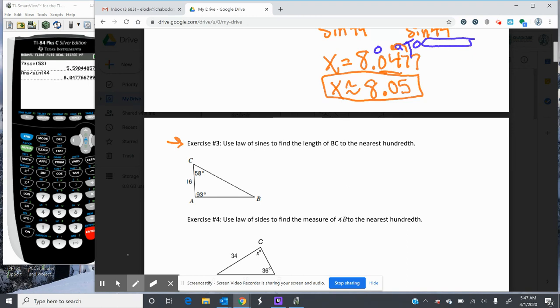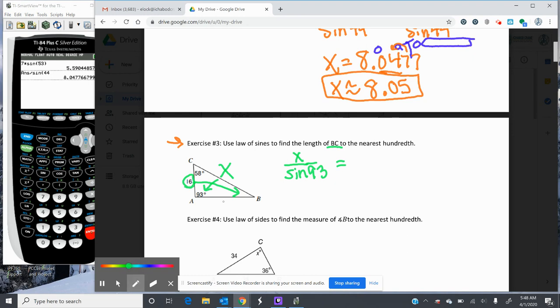So looking at number 3, use the law of sines to find the length of BC. So here we have a triangle. We know AC is 16. We have 2 angles, and they're asking us to find the length of BC. So starting into our law of sines, x goes over the sine of 93 as 16 goes over this angle down here.